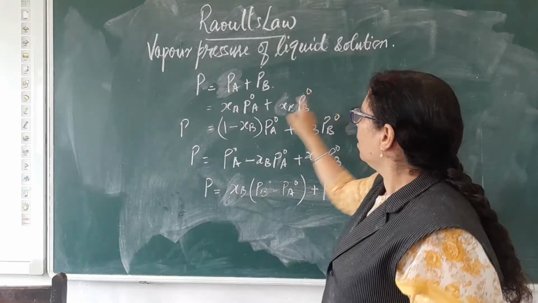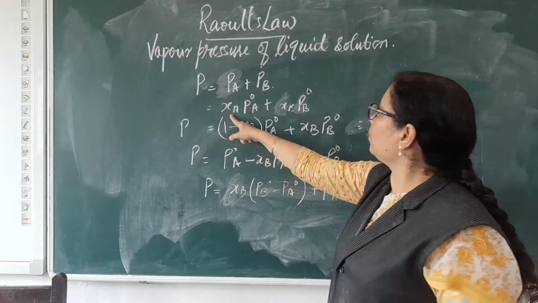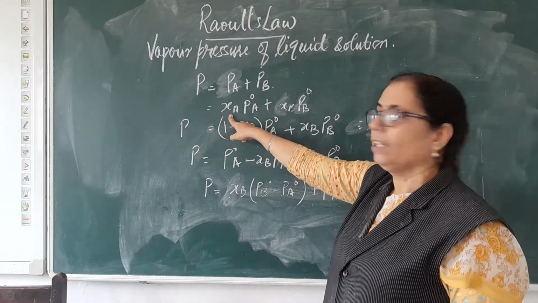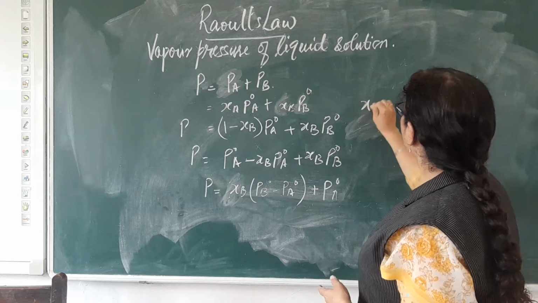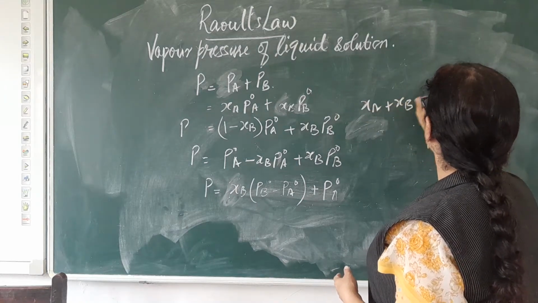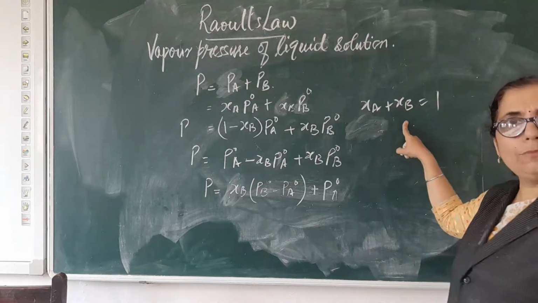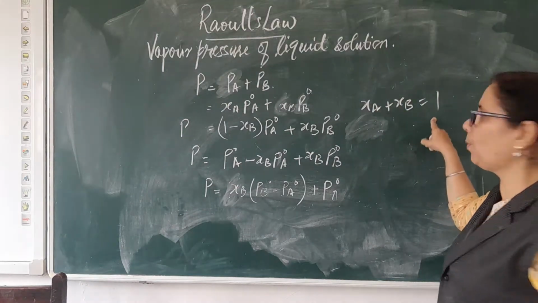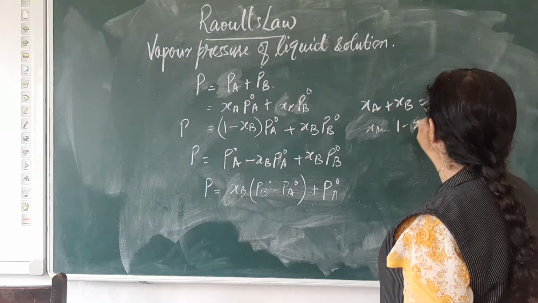On solving this, we find that the total pressure exerted will be equal to, instead of writing XA, we can write 1 minus XB, as we know that XA plus XB is equal to 1. That is, the mole fraction of component A plus the mole fraction of component B is equal to 1. So, XA can also be written as 1 minus XB.